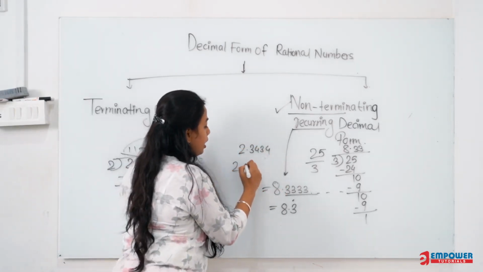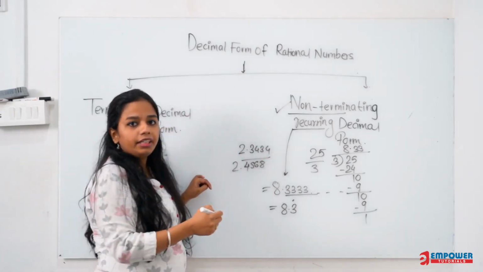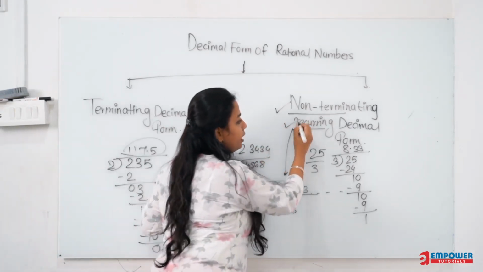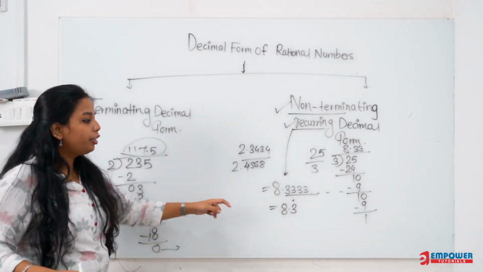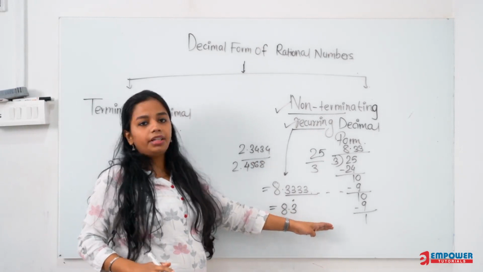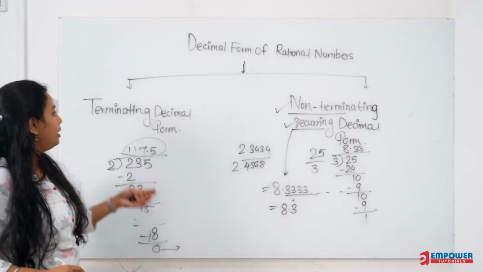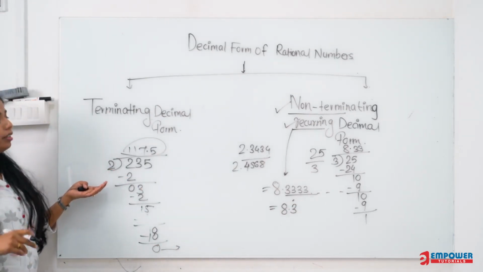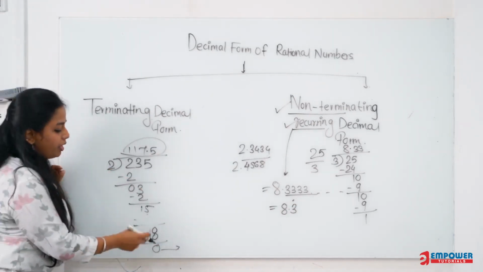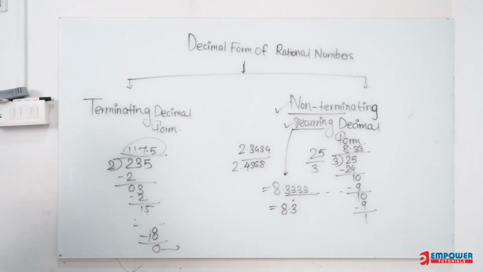In some cases there might be 4 digits getting repeated, but you will get the recurring form at some point and you won't get the remainder as 0. So this is the non-terminating recurring decimal form of your rational number, and this is the terminating decimal form of a rational number, because at some point you will get 0 as your remainder.